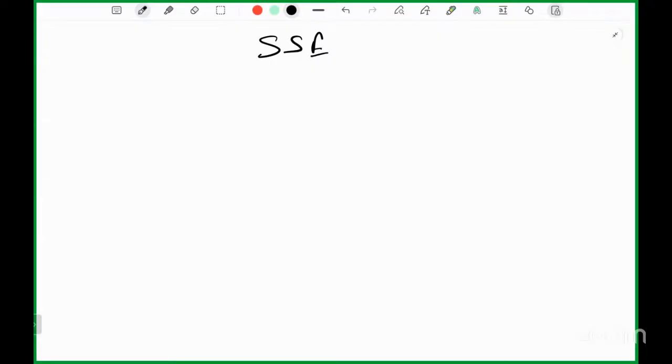So what does that mean? It's squared sum error, right? I'll also explain what this name stands for. SSE means squared sum error. We'll come back to the name too.